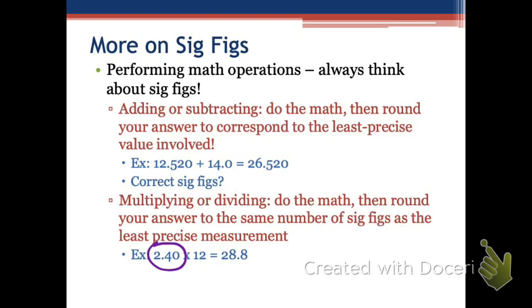So this digit has how many significant figures? 3. 12 has 2. So my answer can only have 2 sig figs. I need to round it to 29. Why can't I just make it 28? The 8 rounds it up. 28 would be 2 sig figs, but it's not rounded correctly. So you have to round it correctly too.